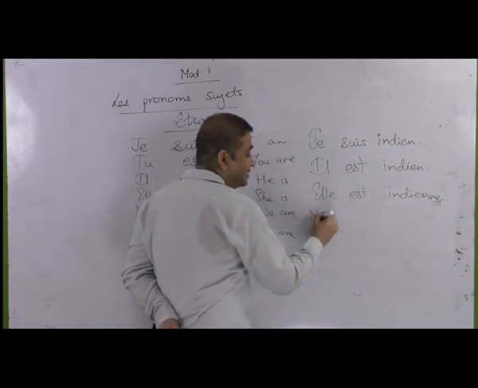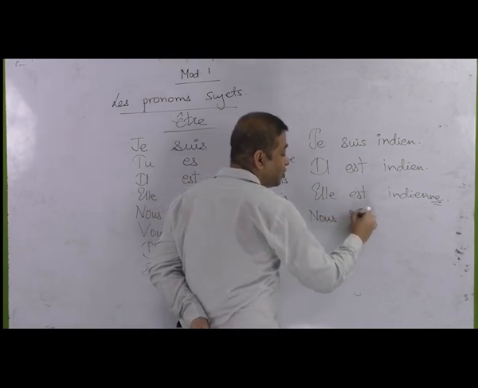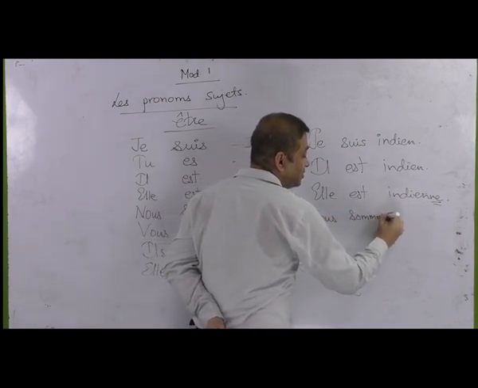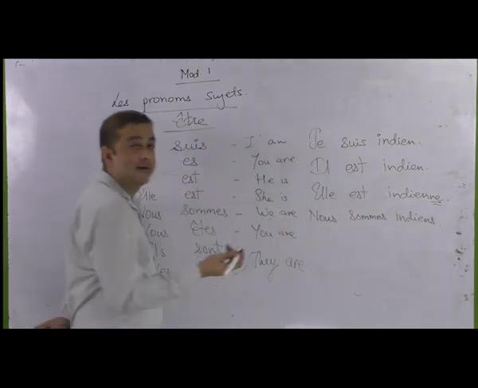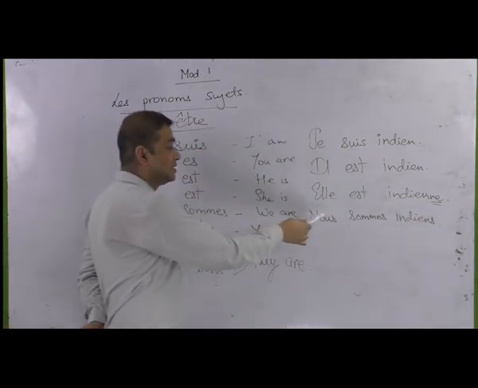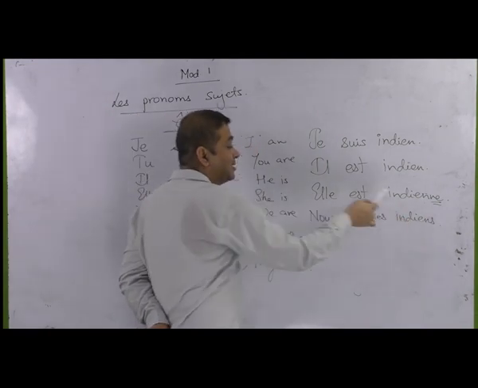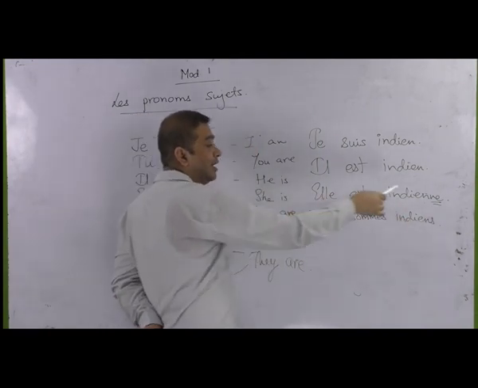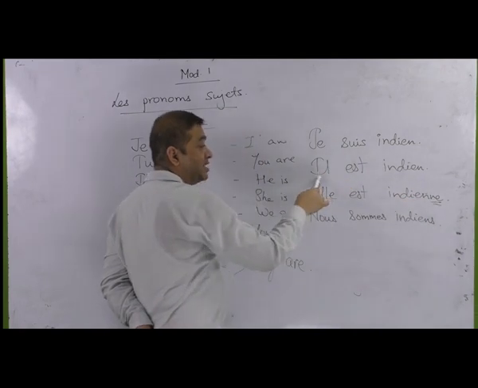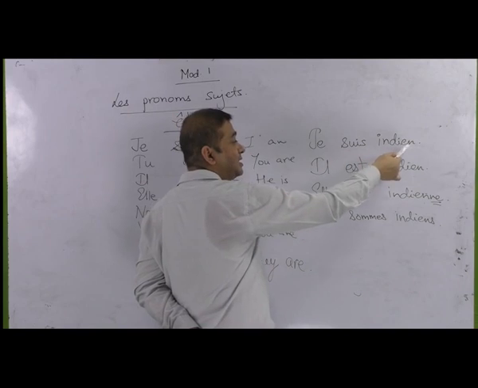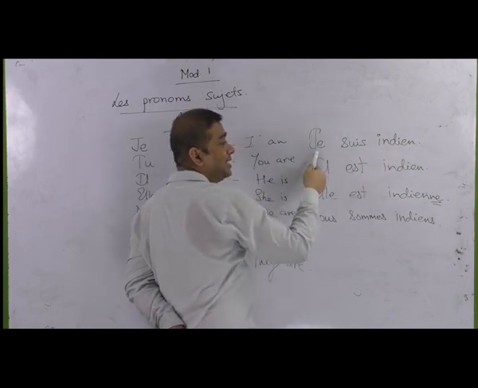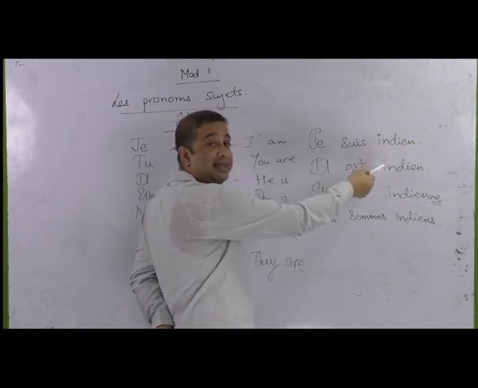Now we are Indians, so nous sommes indiens will take S because we have to see the subject. Subject here is we, that's why I'm adding S. Subject here was feminine, I'm adding NE. Subject is masculine, indien will remain the same. I'm an Indian, I'm masculine, I'll say je suis indien. If a girl will say, the girl will say je suis indienne.